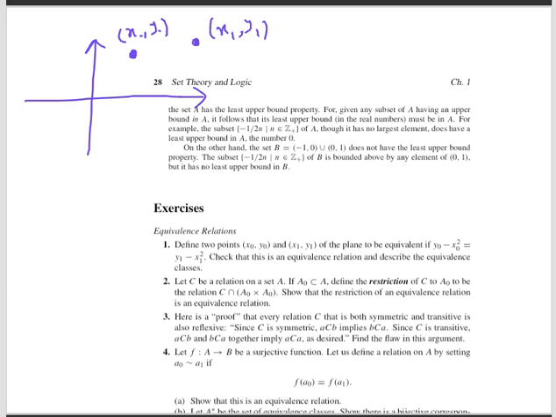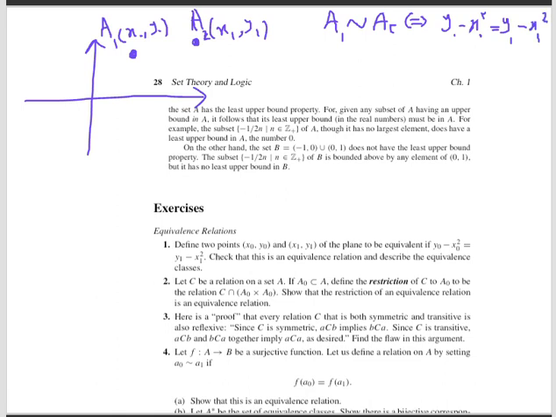We say that R1 is equivalent to R2 depending on whether y0 minus x0 squared is equal to y1 minus x1 squared.